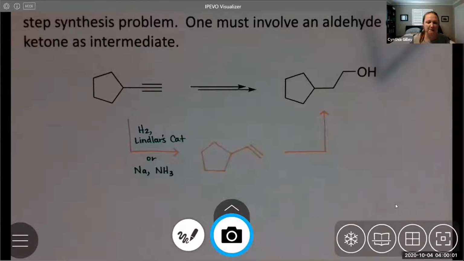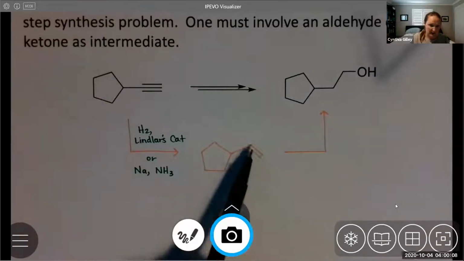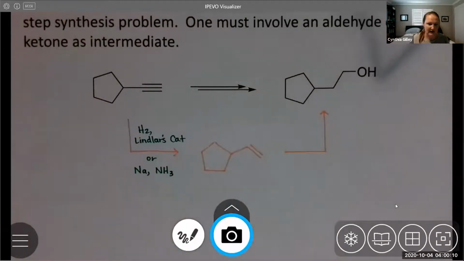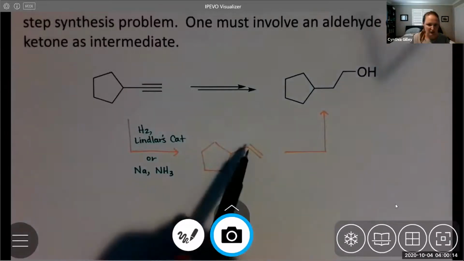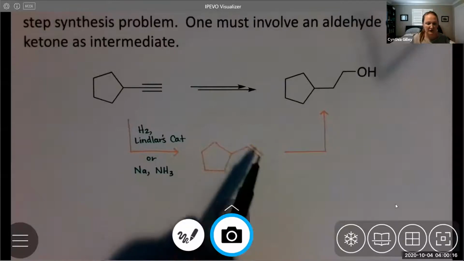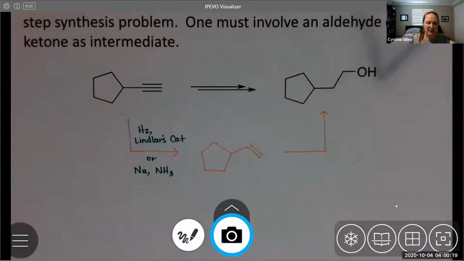of the alkene. And then from here, we need to do a hydration reaction. Added to this carbon is going to be an OH. Added to this carbon is a hydrogen. So that's overall a hydration because we overall add H2O with H and OH. And it's going to be an anti-Markovnikov hydration reaction.